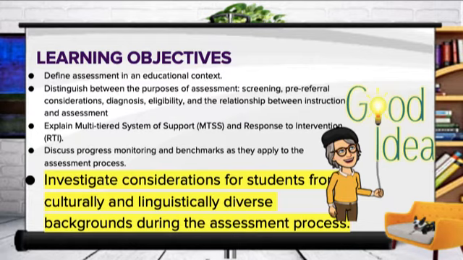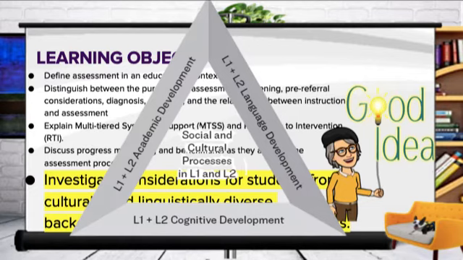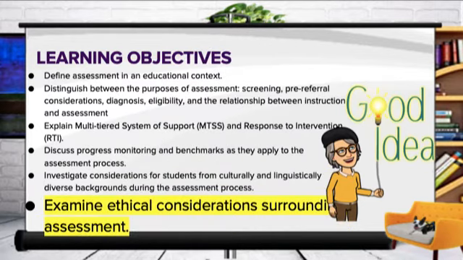Several of you talked about how you wanted to be able to know if an assessment was biased or if you were assessing in a biased way, particularly for students from culturally and linguistically diverse backgrounds. This is important. So make sure that you can discuss that and understand the differences. And then finally, you should be able to really examine the ethical considerations surrounding assessment.